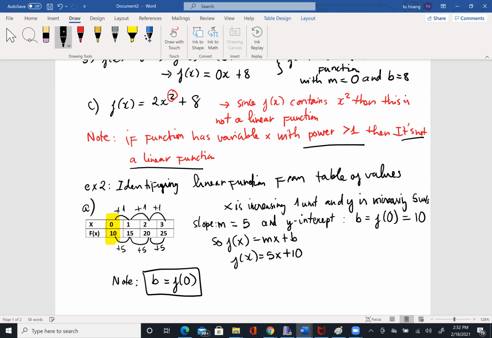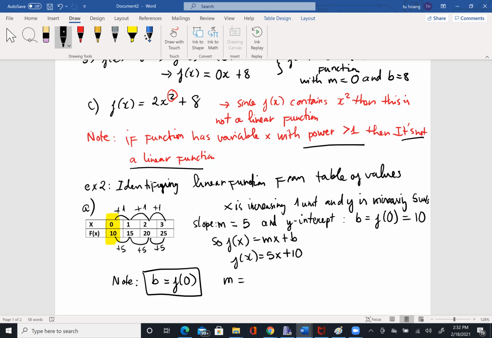In order to find b, you're going to find f when x is equal to 0, and also m, the slope. How can you find it? You're going to see the ratio: when x is increasing 1 unit, how many units is y increasing?